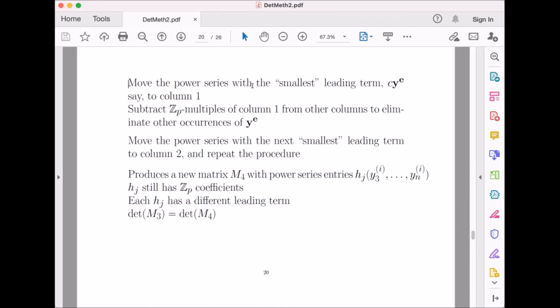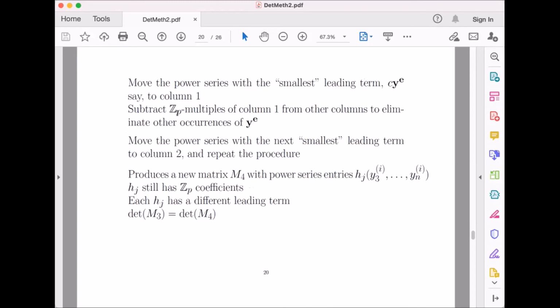So here's how we perform those column operations. We start by moving the power series with the smallest term to column 1. The way we've set up this ordering means that this smallest term is then going to divide all other leading terms present.